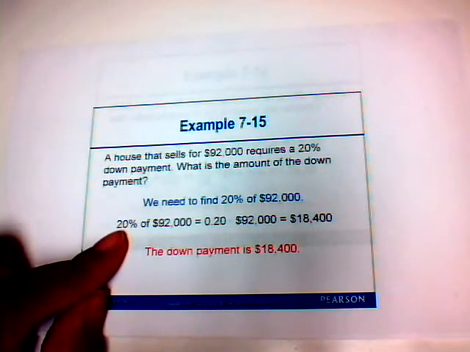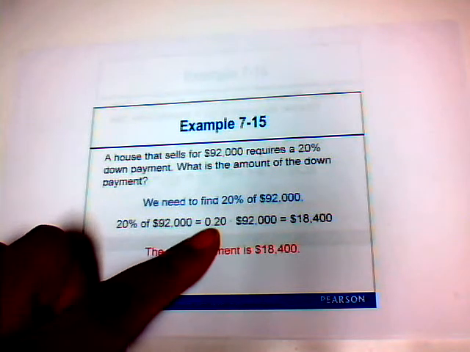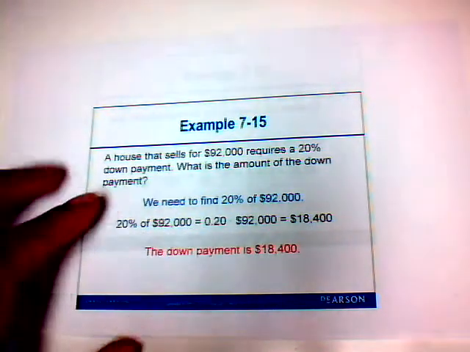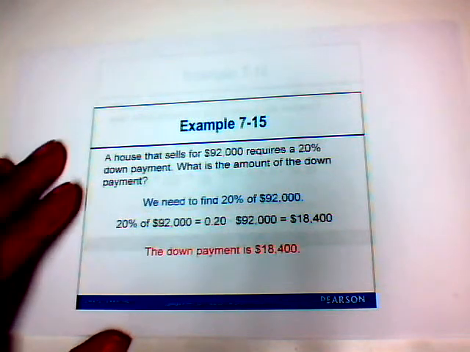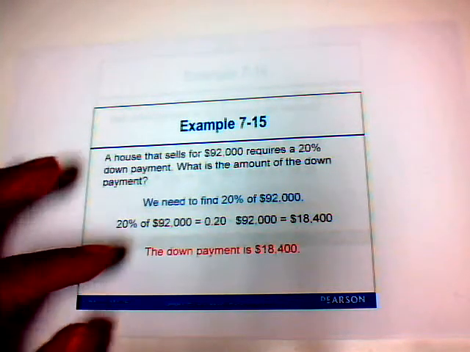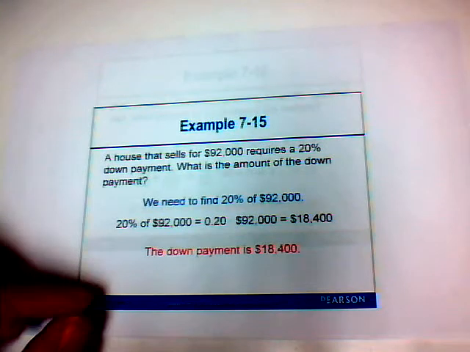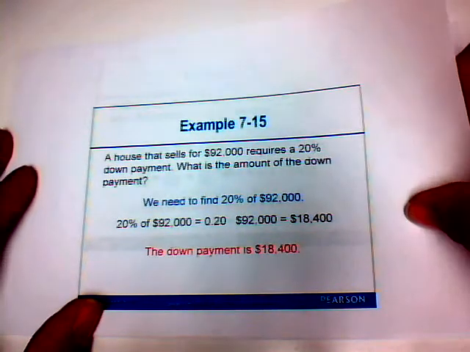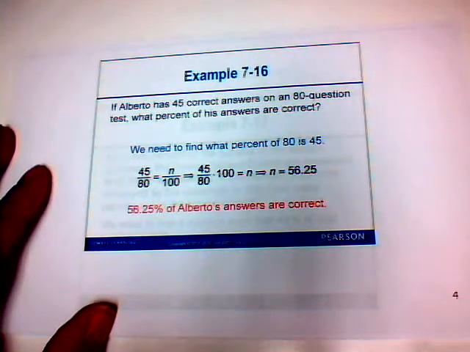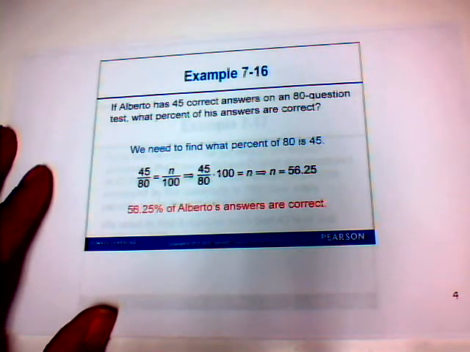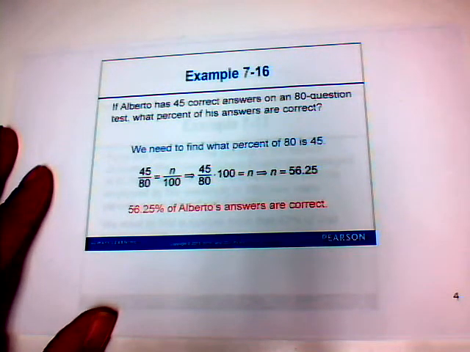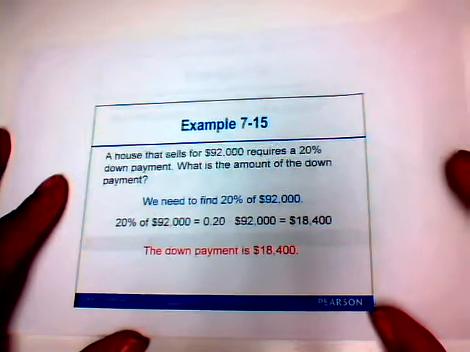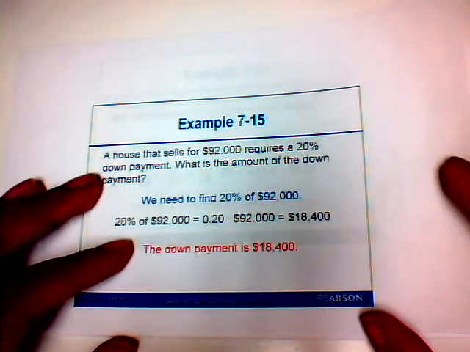Now, if you change 20% to a decimal, you're going to get 0.20, and you're going to multiply that by 92,000 to get $18,400. So the down payment on that house would be $18,400. And by the way, that particular example is the example of finding the percent of a number.